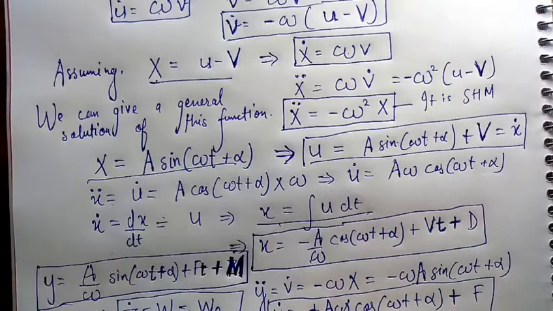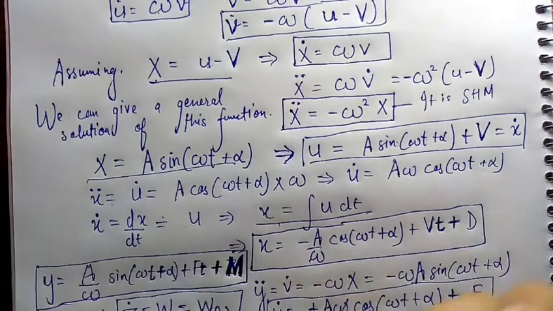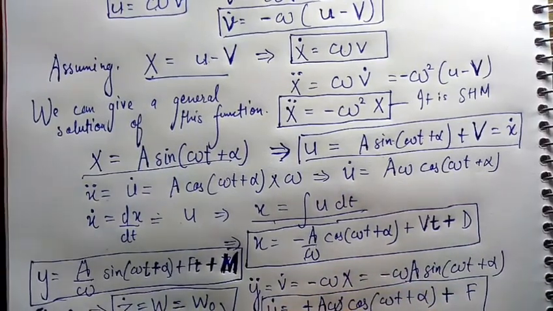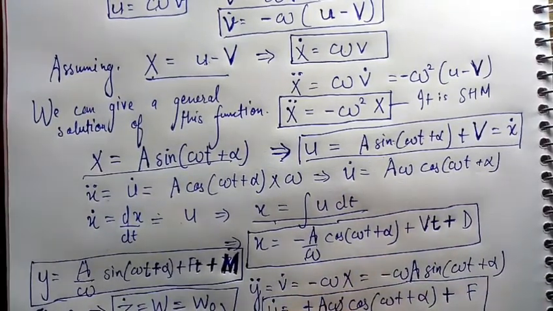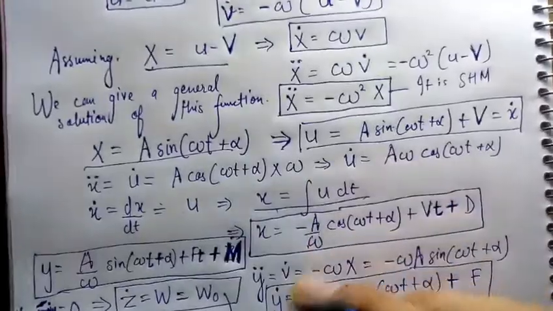I am making the same mistake, just to let you know, don't do this. w naught is the value at the initial time, at t equals 0, the speed vz.